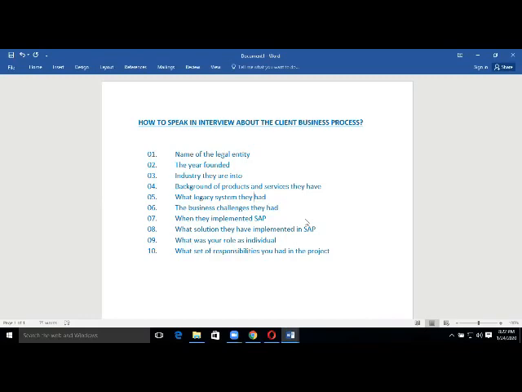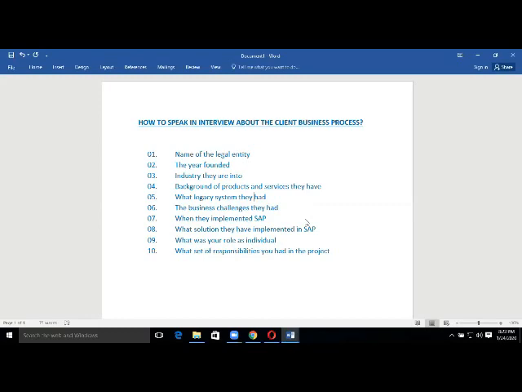Then we need to understand the master data structure, how it is. Then we need to understand the legacy system, what they are using presently. Then we need to understand the infrastructure they have, and what are all the challenges they are facing in an industry, and finally, why they are going to implement the SAP in their organization.